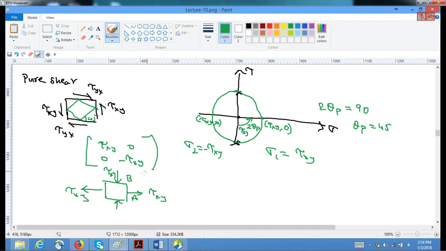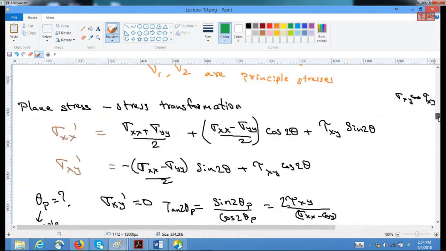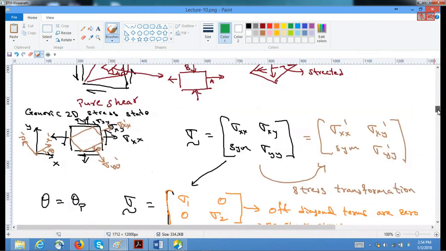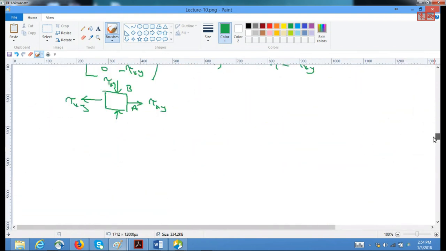So either you can draw the Mohr circle like this, or you can do all this stress transformation, find theta p, and get the same things done. So this is what is called a stress state.